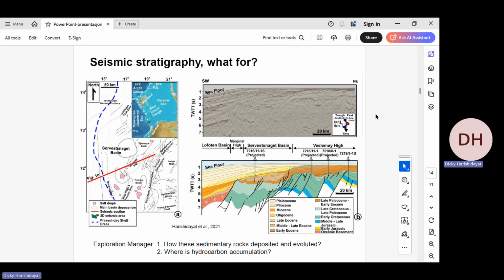So basically, we need to define all the petroleum system elements on the seismic section. Where is the reservoir, source rock, seal, what is the migration agent, and so on.